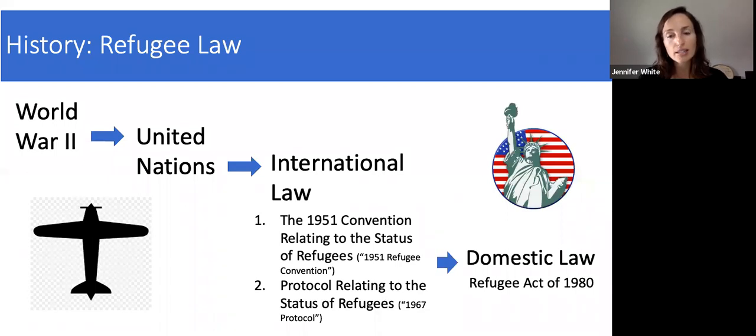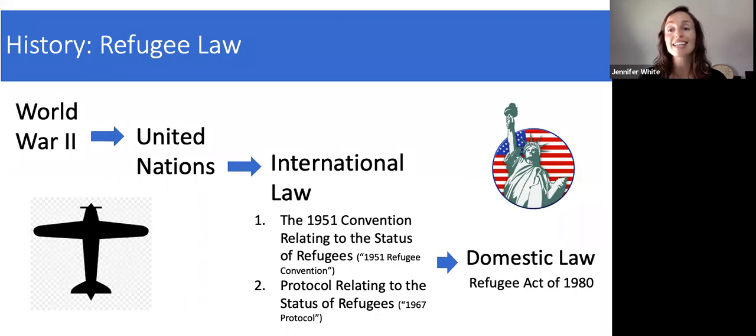However, the US did sign on to a subsequent related treaty called the Protocol Relating to the Status of Refugees. I call it the 1967 Protocol for short. Basically, that second treaty provided further clarification about what that first treaty meant. So it incorporated the legal definition of a refugee and just gave some more detail.